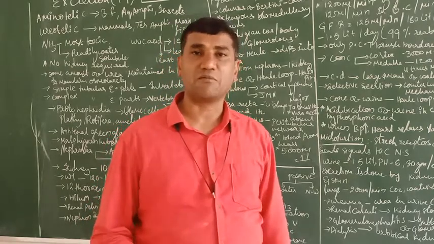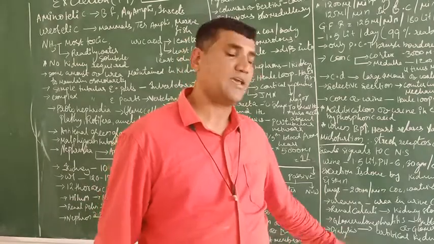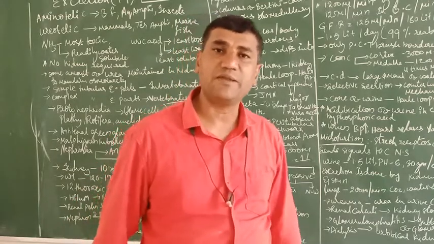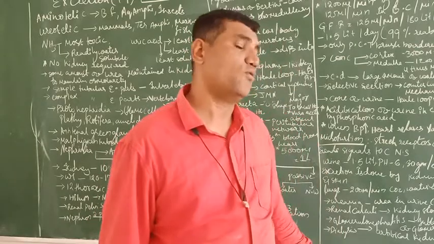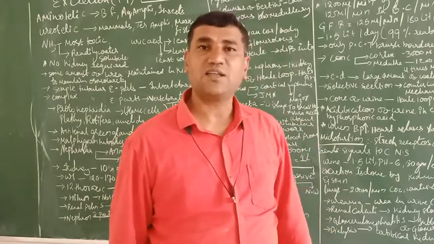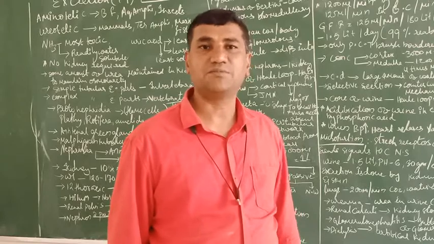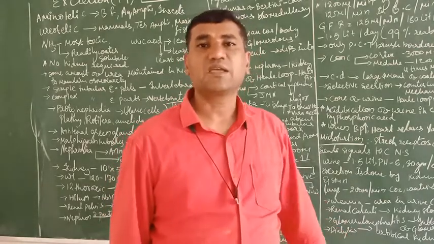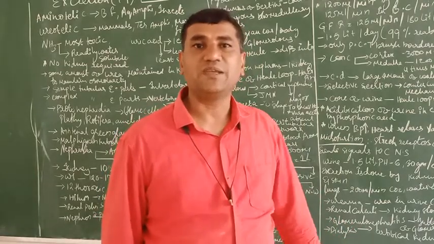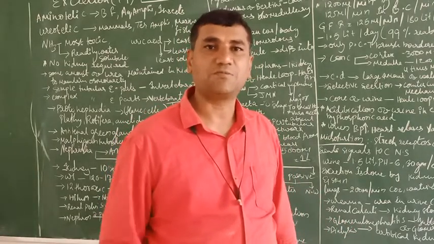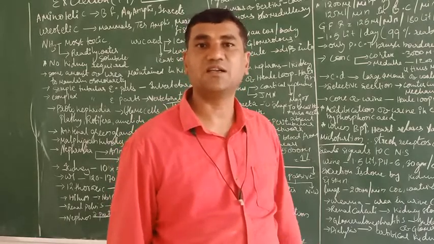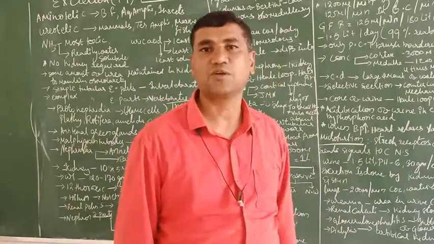So to prolong life, a machine called the dialysis machine, the artificial kidney, was discovered by William J. Kolff, and the permanent solution for kidney failure is kidney transplantation, which was performed by Charles Hufnagel in Washington in the year 1954.